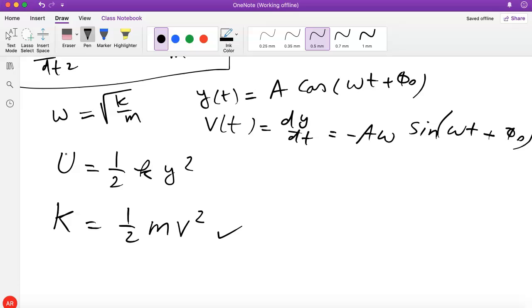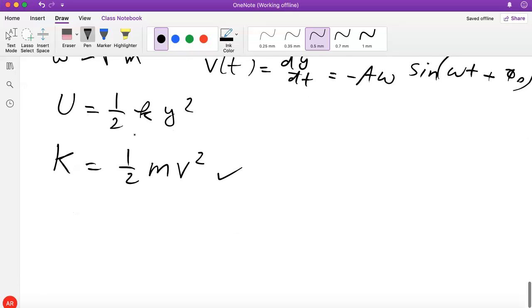Okay, so how can we make sense of that? Well, the potential energy is not only the energy in the spring, but there's also the gravitational energy of this mass, right? If this mass moves down, its potential energy goes down by mg times the distance it has moved down.